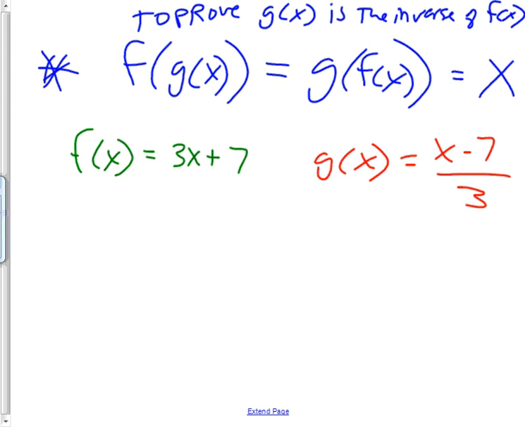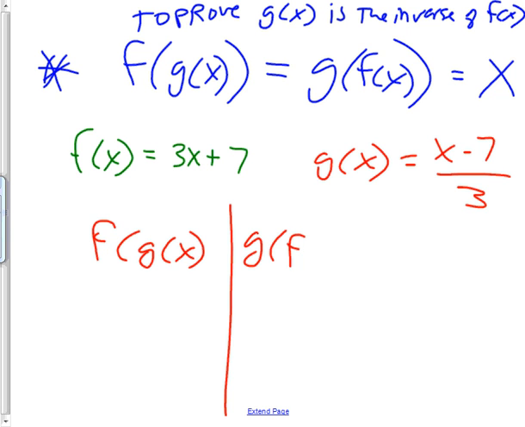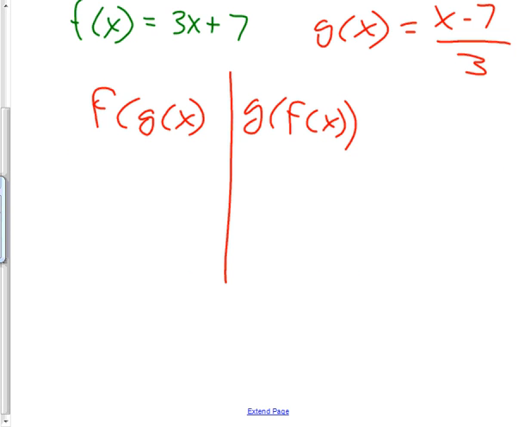Well, actually, this is a case where we can prove if that was really right or not, because maybe somebody remembered it wrong. If I had to prove these are truly inverses, there's a way to prove it. I take f of g of x, draw a line, g of f of x, and I figure both out, and both of them better end up equaling x.